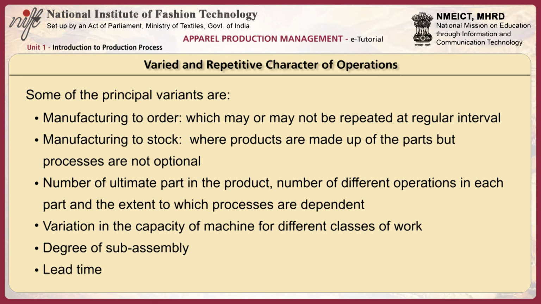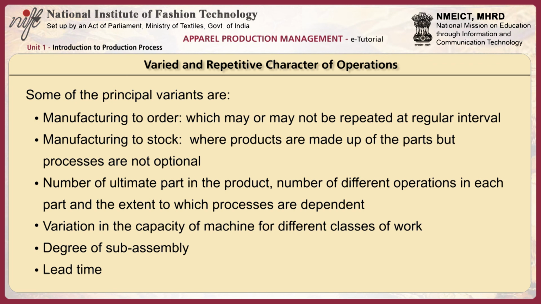There are all sorts of variants between the two extremes. Some of the principal variants are manufacturing to order, which may or may not be repeated at regular intervals. Manufacturing to stock, where products are made up of the parts but processes are not optional.